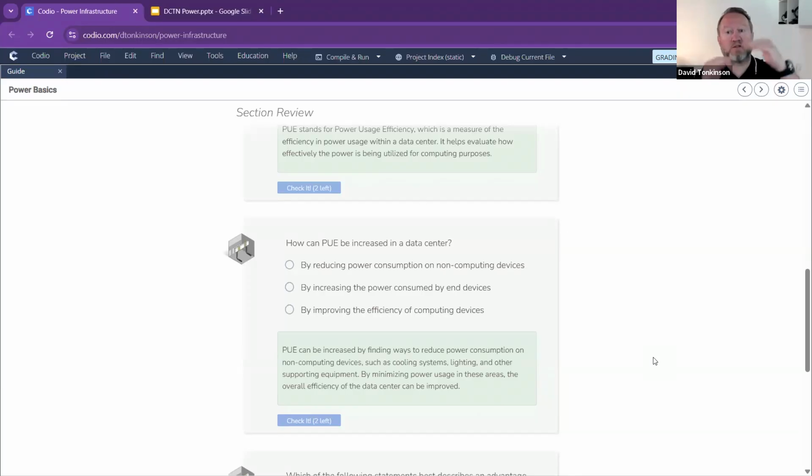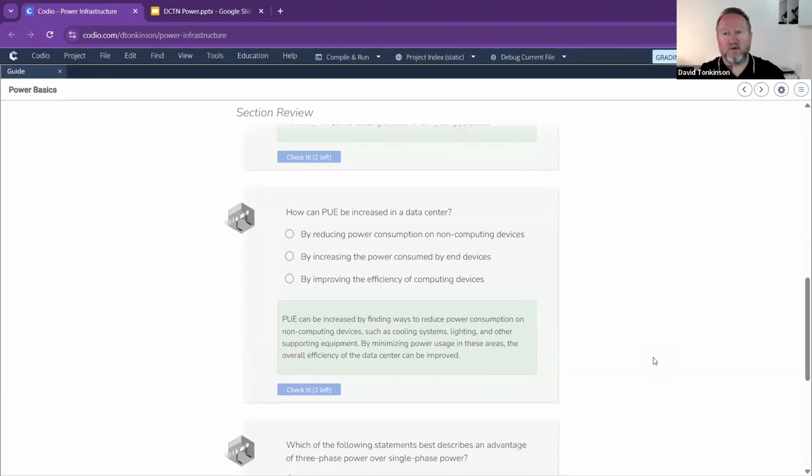So it's that comparison between the two. So anything that allows us to increase the amount that we're spending on IT means we're reducing the amount that we're spending on other things. So essentially reducing the power consumption on non-computing devices would increase our PUE value. Does that explain that for you, Kadir?